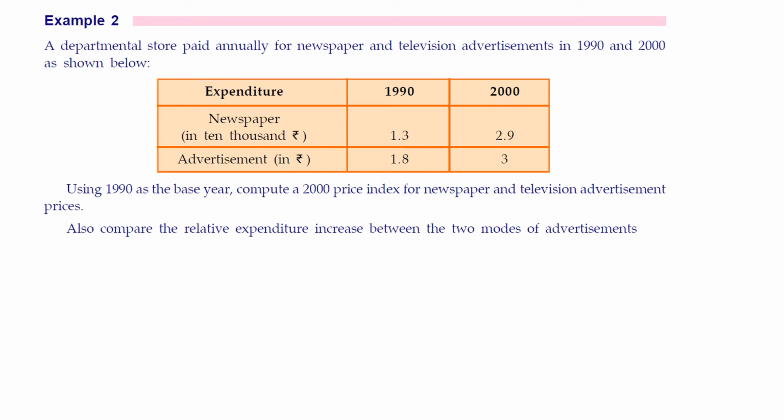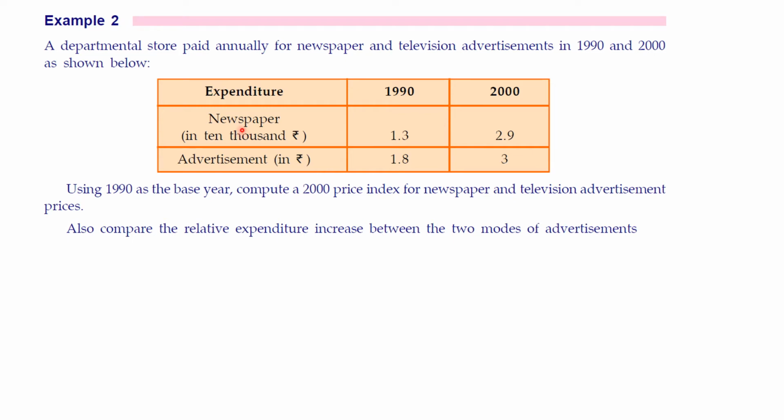So here is an example. A departmental store paid annually for newspaper and television advertisements in 1990 and 2000 as shown below. The expenditure for the years 1990 and 2000 is given here.